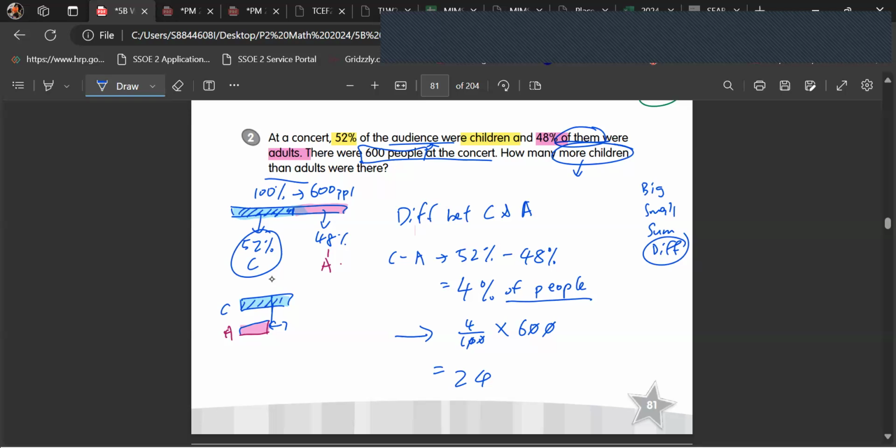Not really. The key is you need to apply the whole number idea: a bigger quantity, a smaller quantity, sum, difference, changing from percentage to whole numbers. There are 24 more children than adults. Is this okay?